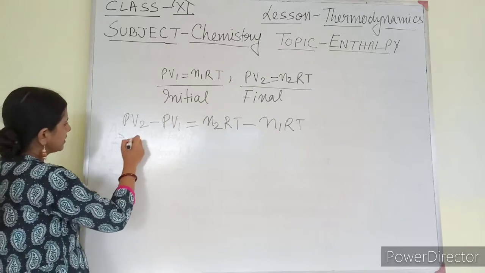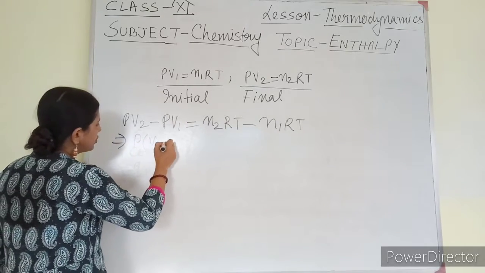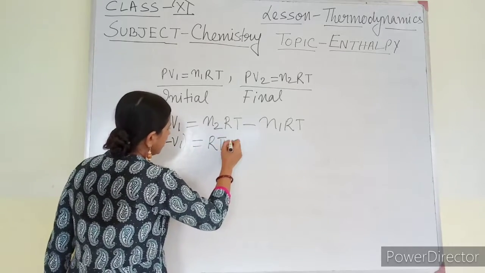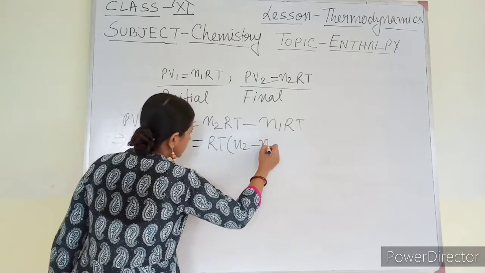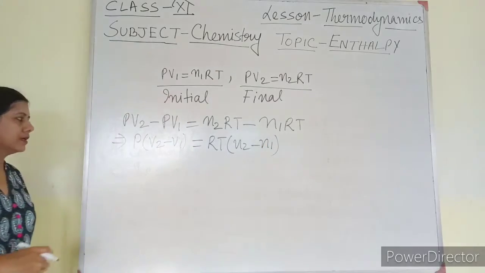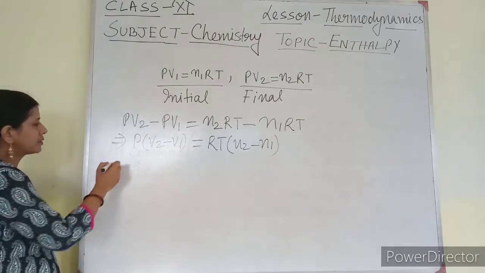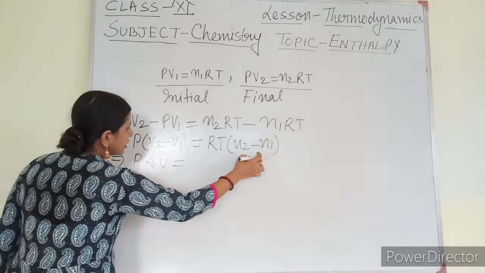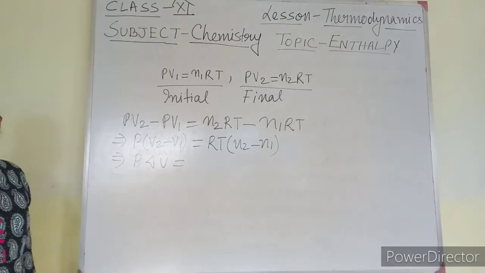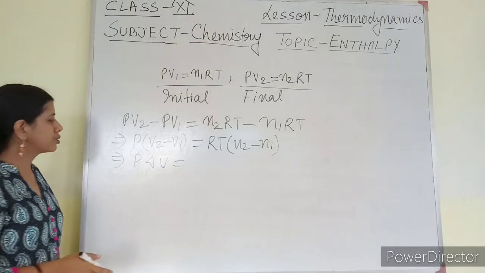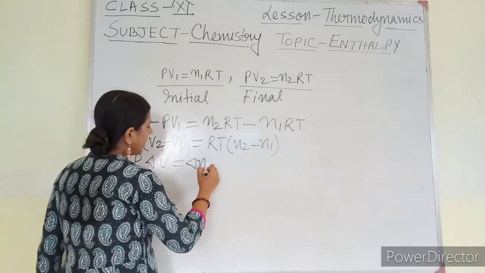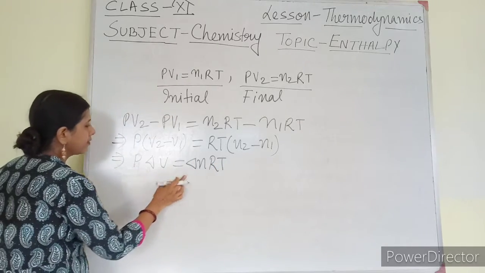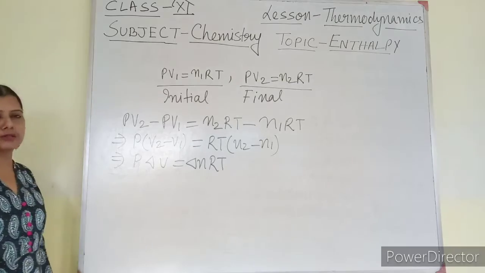So I can write P(V2 minus V1) equal to RT(N2 minus N1). Now P(V2 minus V1) is P delta V, and the change in number of moles can be written as delta N. So I can write delta N RT. So instead of P delta V, I can put this value also.